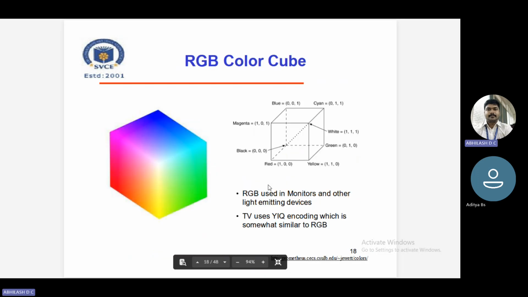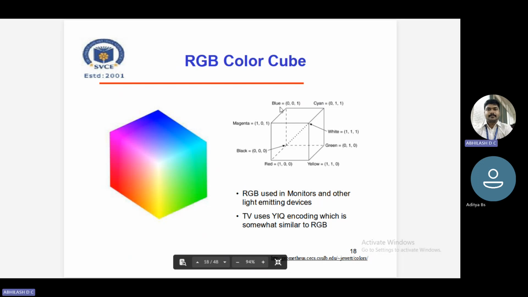Next comes the important problem of generating a color cube. This is also one of the questions which you can expect, because this is a lab program. So the RGB color cube is a cube which has 8 sides. Sorry, 6 sides with 8 vertices, right?